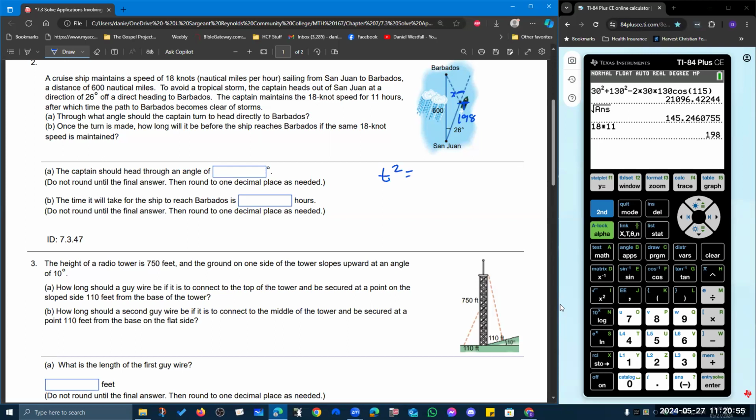So T squared, which is 600 squared, equals 198 squared plus 600 squared minus 2 times 198 times 600 cosine of 26 degrees.